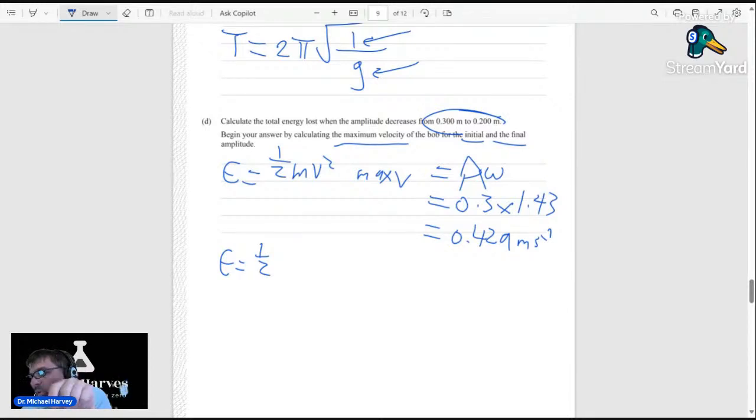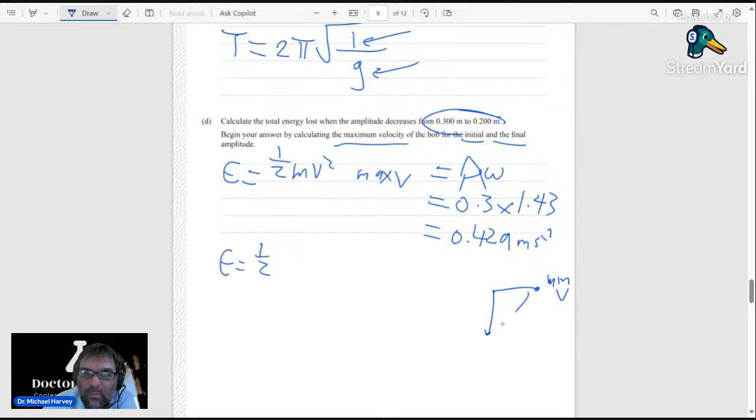That's when the maximum velocity is. So at the top, actually no, it's a pendulum, isn't it? So at the top, it's going to be a minimum velocity, and it's going to be the maximum velocity when it's going through the equilibrium point. Okay, that's why. Yeah, there we go.